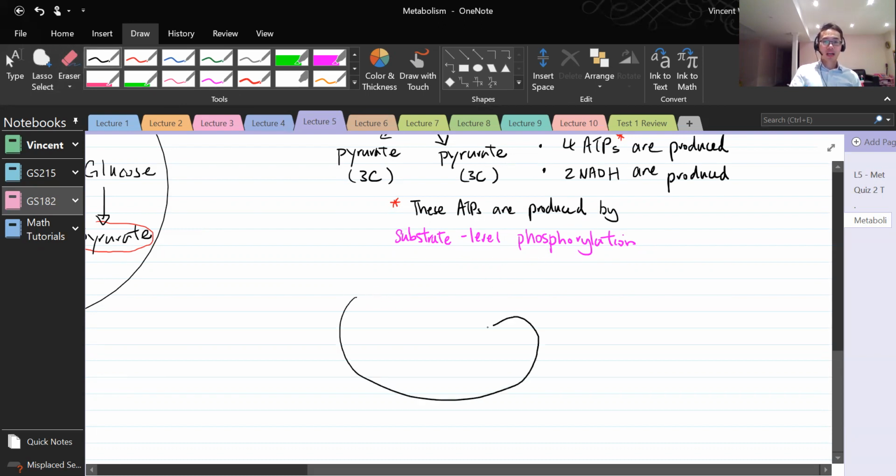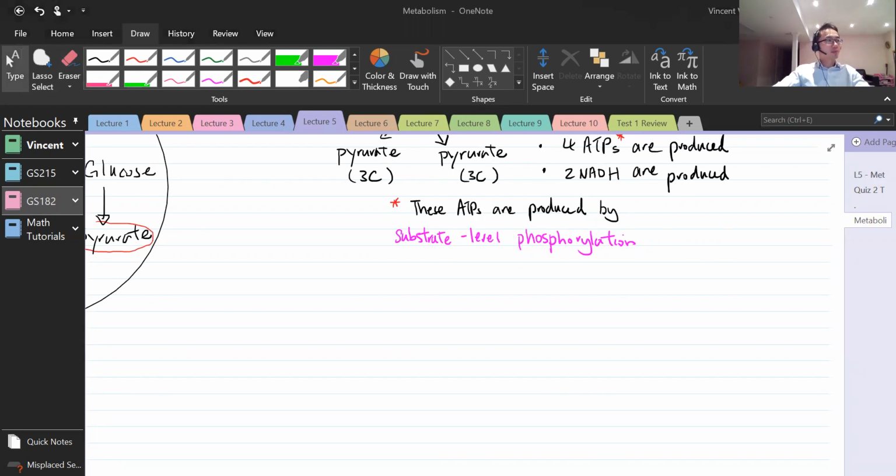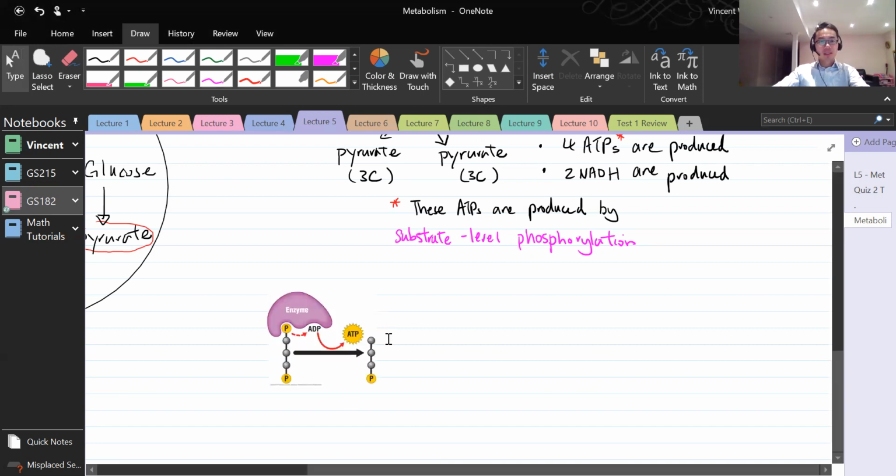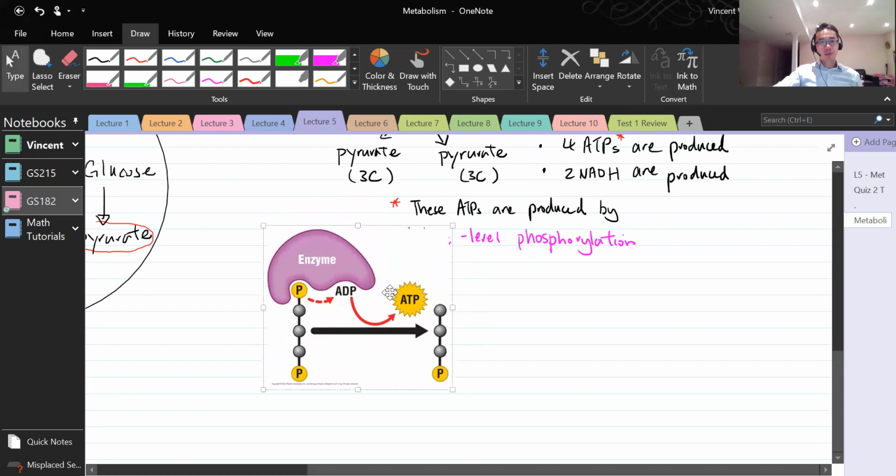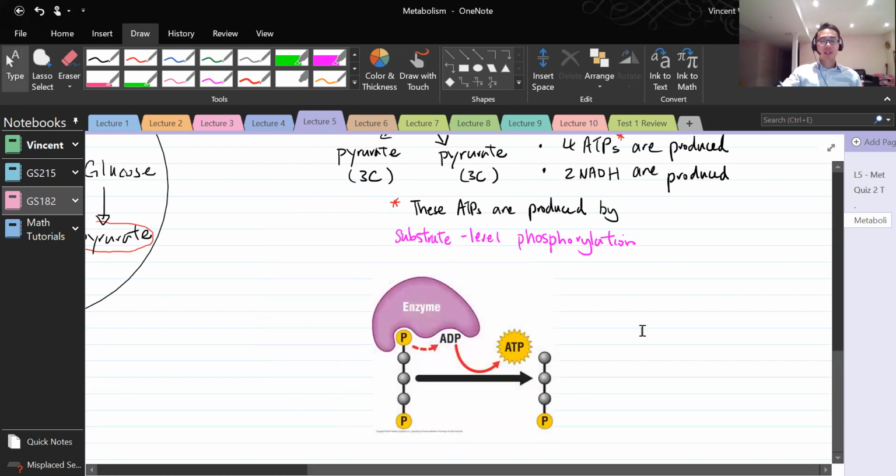I'm just going to grab the picture from the lecture notes. That way, I don't have to redraw it. There we go. This is what substrate level phosphorylation looks like. You're going to have an enzyme to catalyze the reaction. We're going to have this donor molecule, or fuel, or donor molecule.